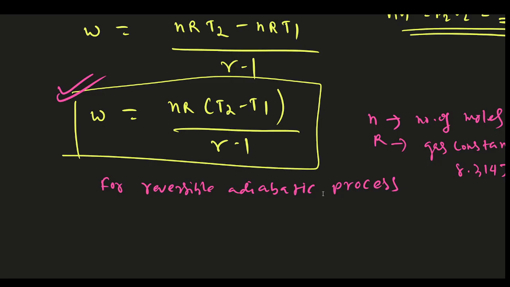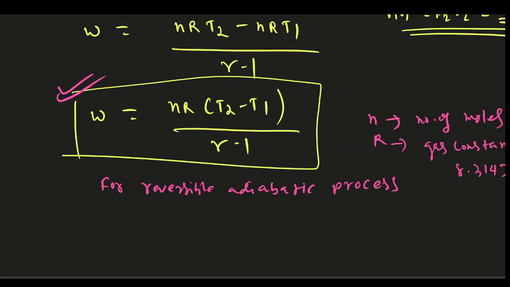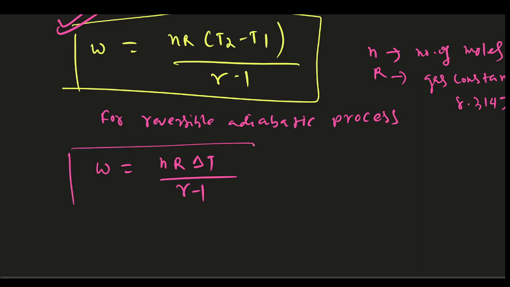Or you can write this as W equal to nR delta T over gamma minus 1. This is the expression of work for a reversible adiabatic process.